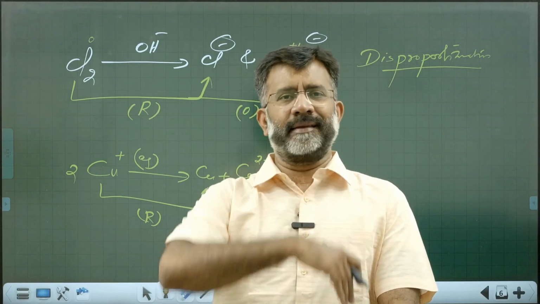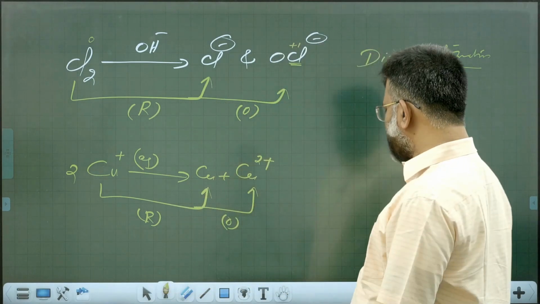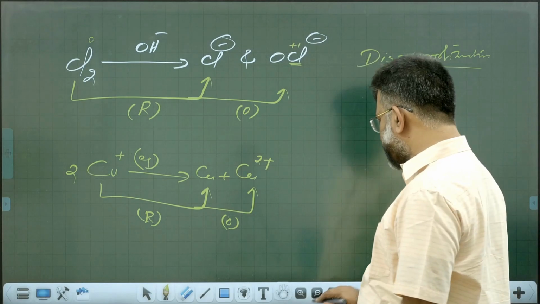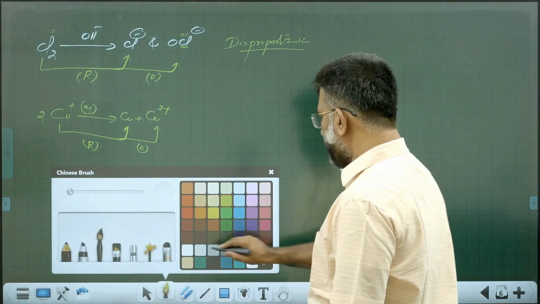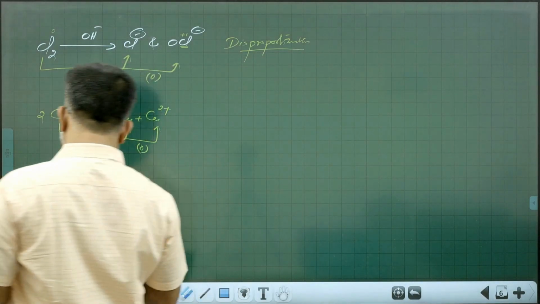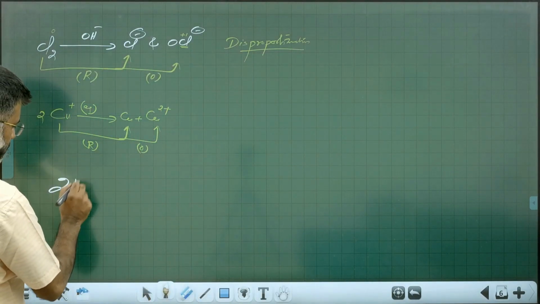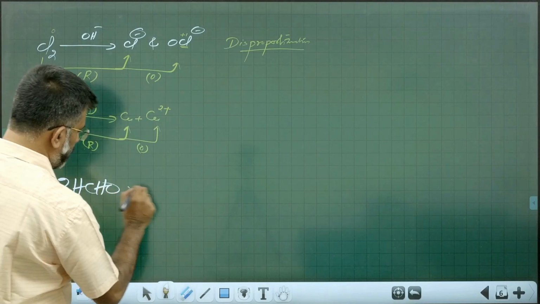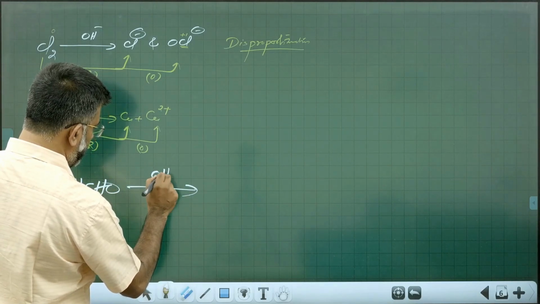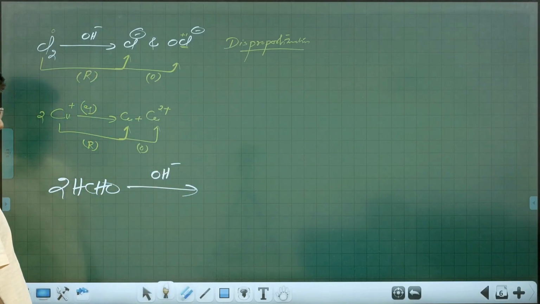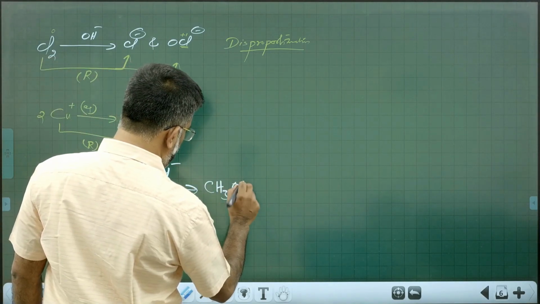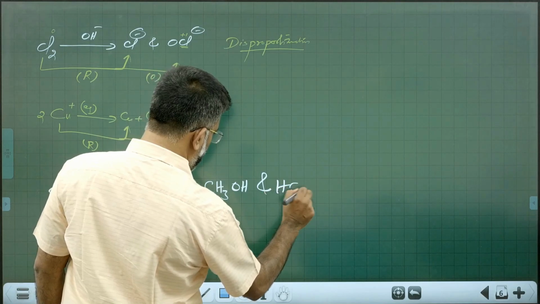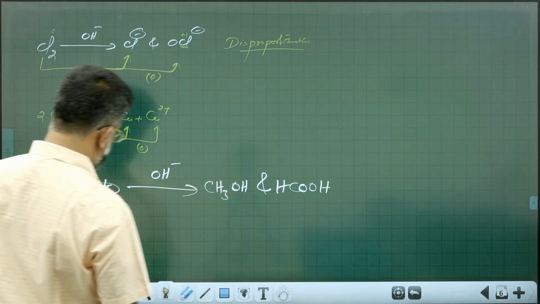Going to organic chemistry, we have a very famous example of a disproportionation reaction. I think many of you remember it. 2HCHO, formaldehyde taken in strong, concentrated alkali solution, gives CH3OH and HCOOH.